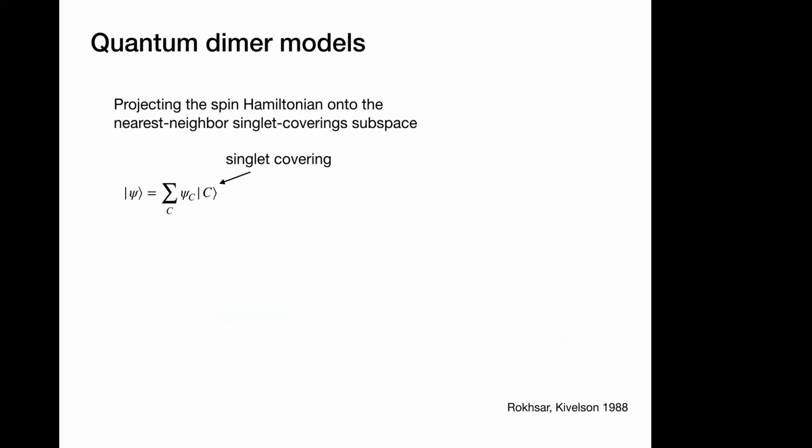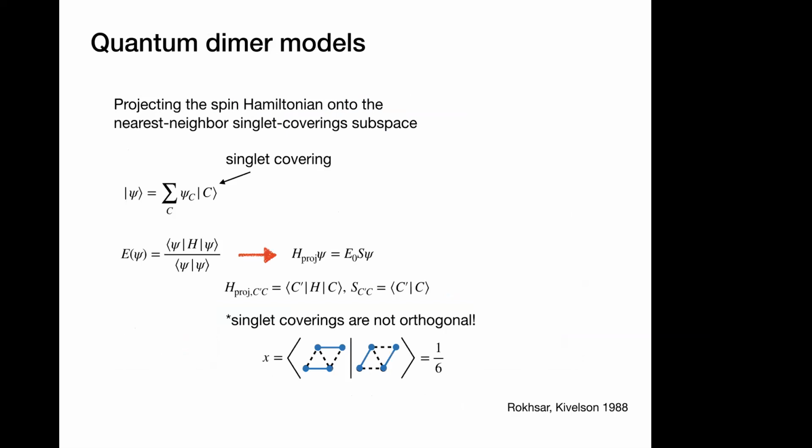One has to remember that when we carry out the energy minimization in this subspace, the different singlet coverings are actually not orthogonal. This can be seen by just looking at the overlap of these two different coverings of a single plaquette, which for the SU(4) case is just 1/6.